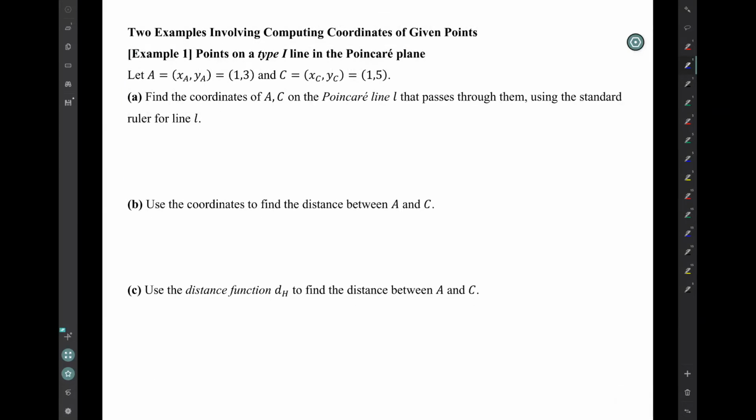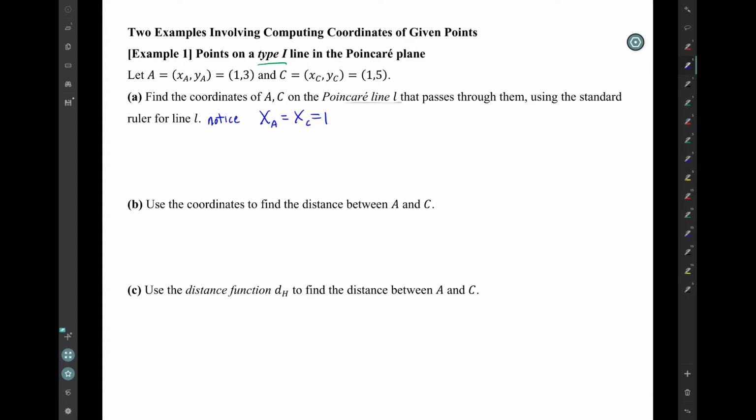Let's do some examples. We'll do 2 examples involving computing coordinates of given points. So example 1 is points on a type 1 line in the Poincare plane. So let A and C be these points. A is the point (1, 3), and C is the point (1, 5). Find the coordinates of A and C on the Poincare line L that passes through them, using the standard ruler for line L. Well, notice that A and C have the same x-coordinate.